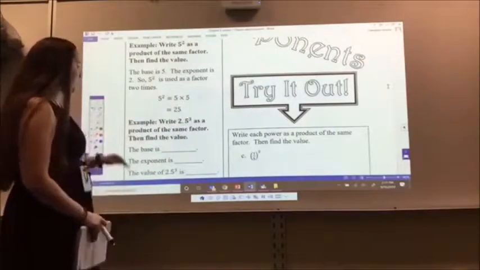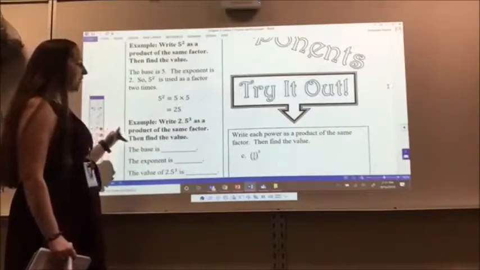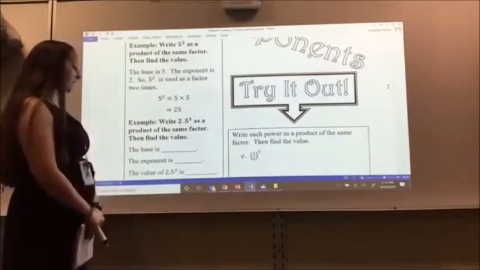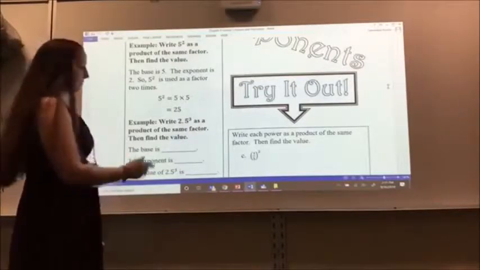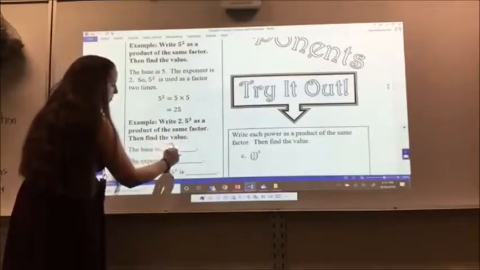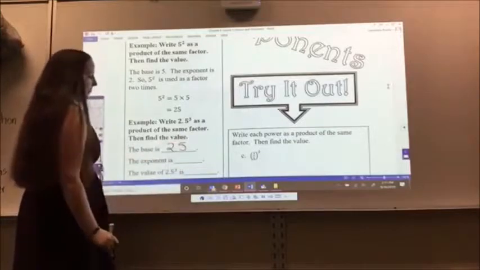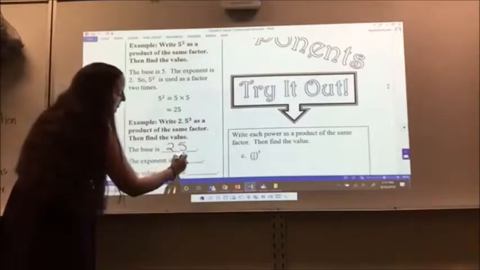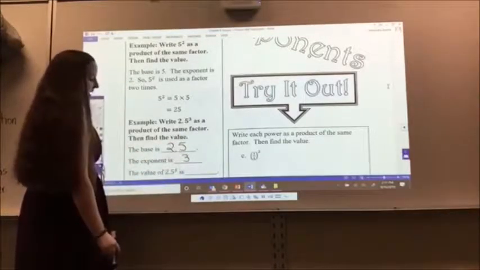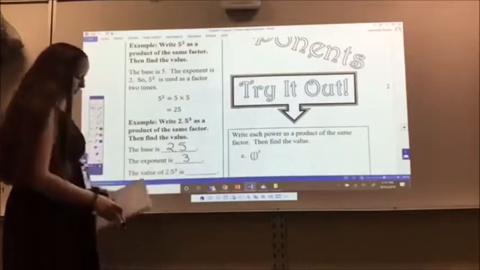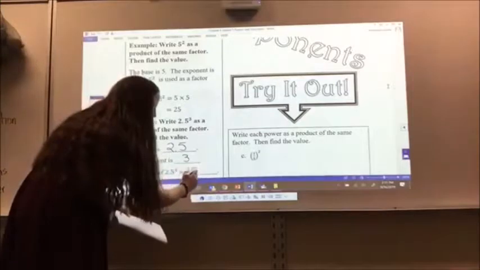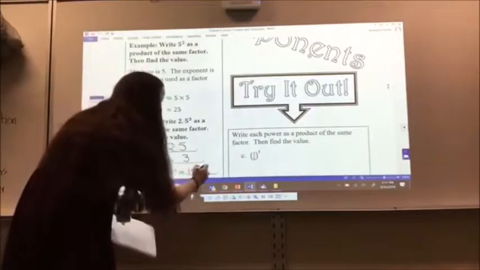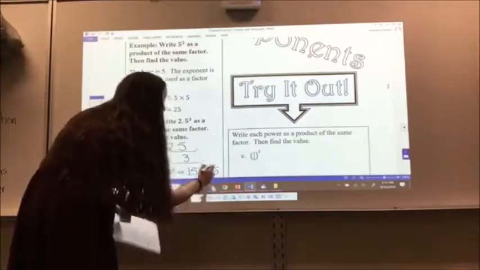So our example, write 2.5 cubed as a product of the same factor, then find the value. So our base is 2.5, our exponent is 3, and the value of 2.5 cubed, when we do that, is 15.625.